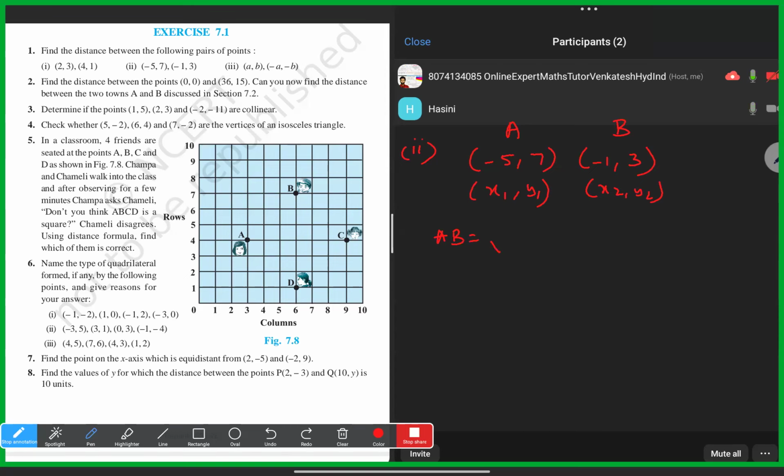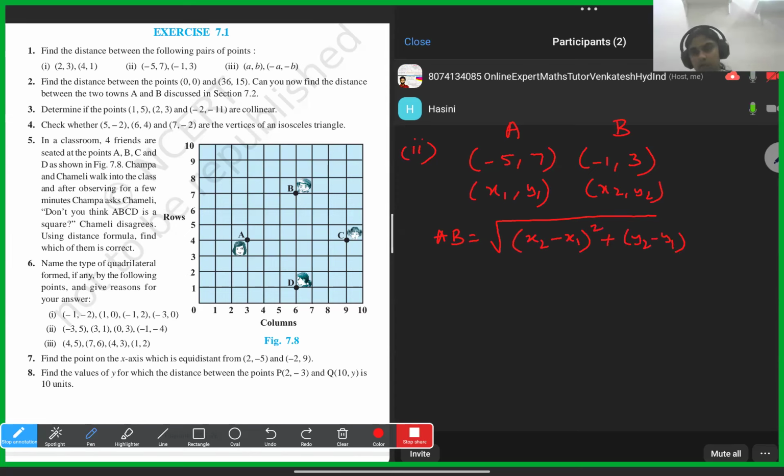What is the distance formula? x2 minus x1 whole square plus y2 minus y1 whole square. Quickly tell the values I have to substitute.